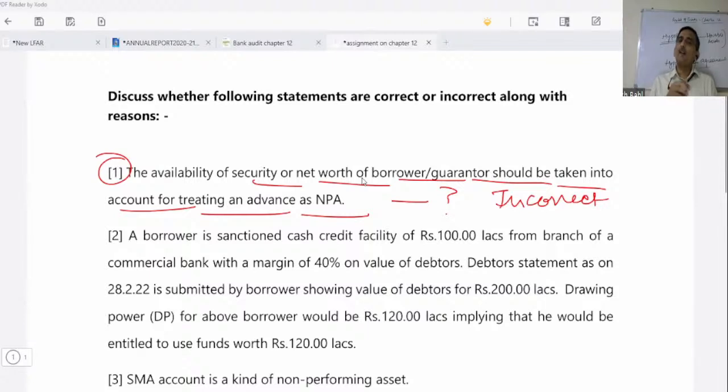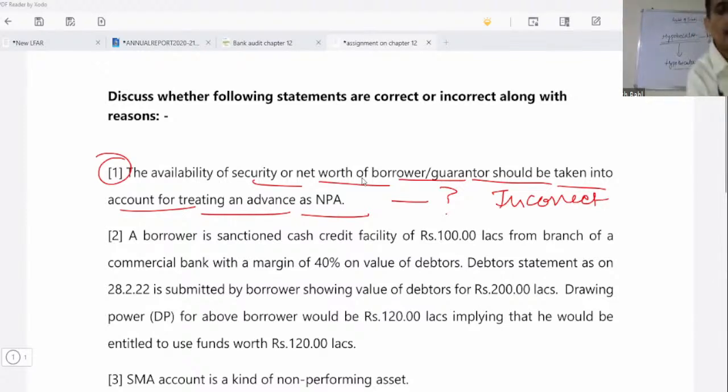Okay, so for categorizing an account as an NPA, the availability of security or net worth of borrower, that borrower is very, very strong, a person of good means, financially very strong, is not a criteria for determining whether an account would be NPA or not. So you have to remember this well.